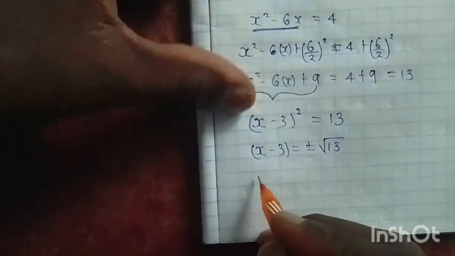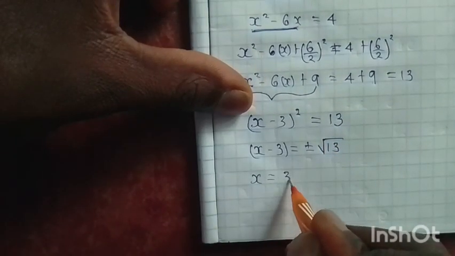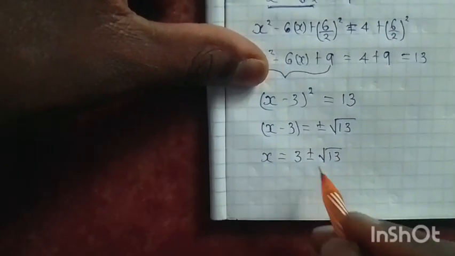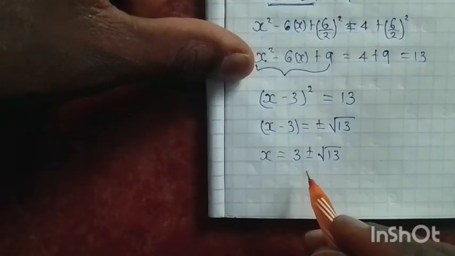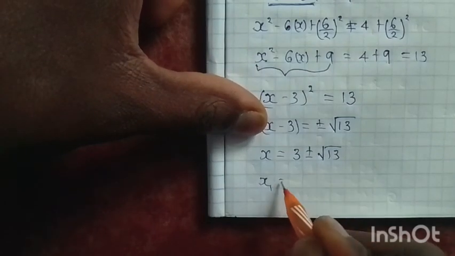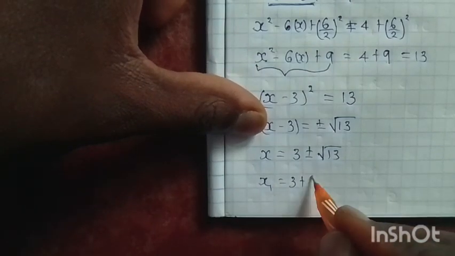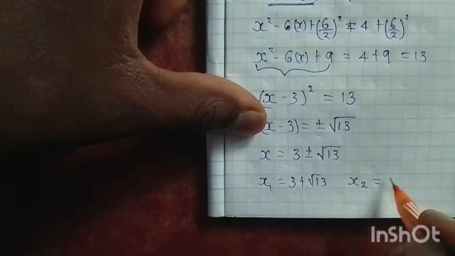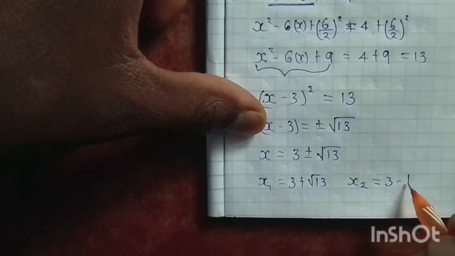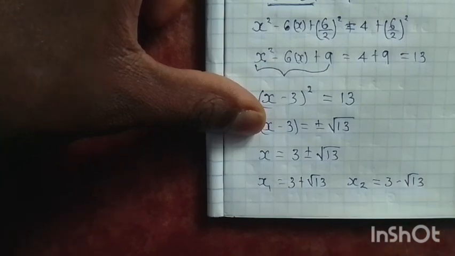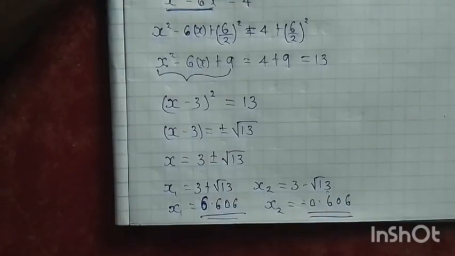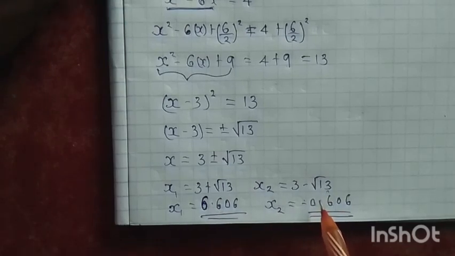So our x would be 3 plus or minus the root of 13. Because of the signs, we will have two values of x. Our x1 will be 3 plus the root of 13, and our x2 will be 3 minus the root of 13. So the first value is 6.06 and the second is 0.606.